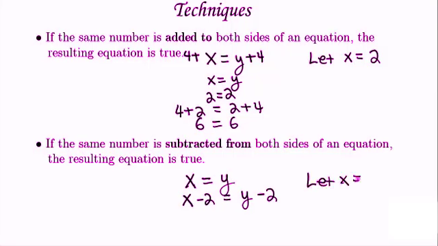Assign x a value of 4. Then x equals 4, so y also has to equal 4. If I subtract 2 from both sides, 4 minus 2 equals 4 minus 2, I can easily see that the equation is still true.